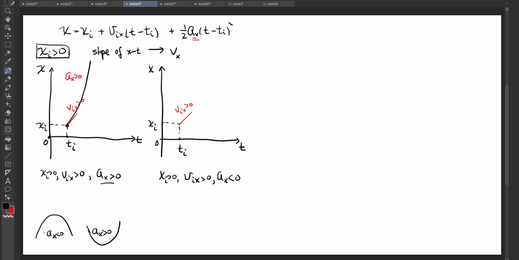Curving down, and the slope is like here, right? Previously, the slope should be here. Now the slope should be here. So we should have a maxima and then go down. So here's the diagram. And that's for ax being negative.